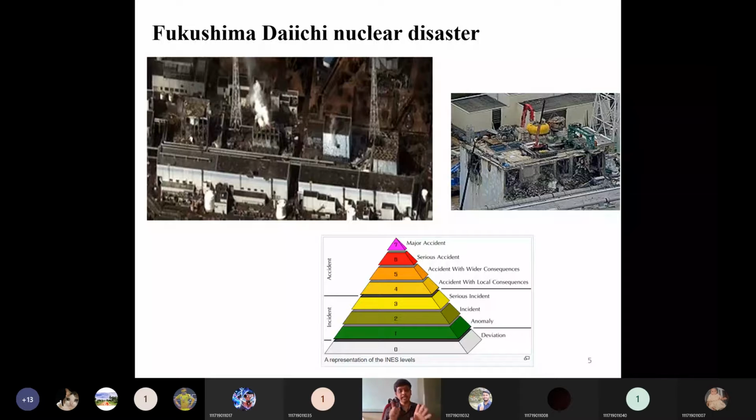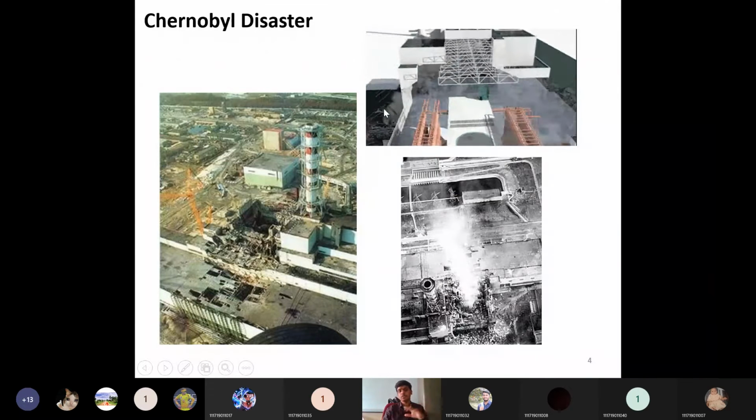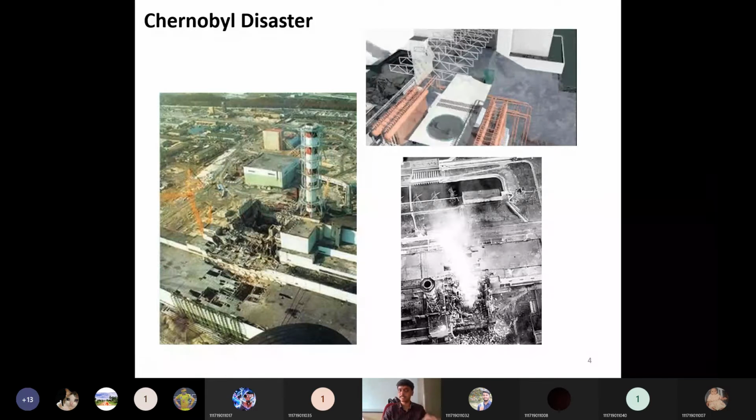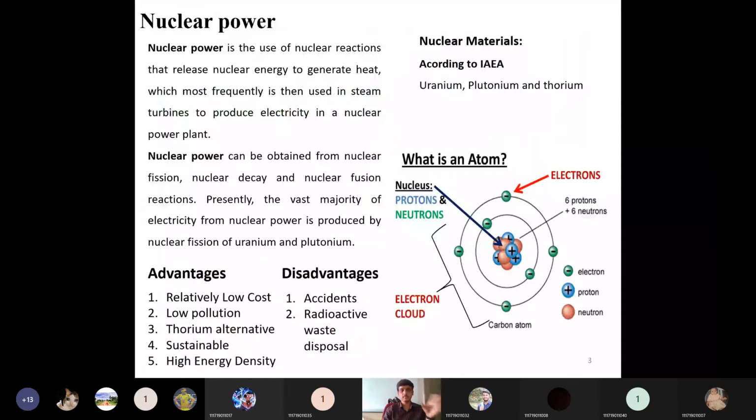Due to the earthquake and tsunami, some active reactors were shut down, and due to that shutdown this accident happened. The main trigger was a natural disaster, a tsunami and earthquake, whereas the former was due to design flaws in the reactor. So these were the two major accidents in nuclear power generation.